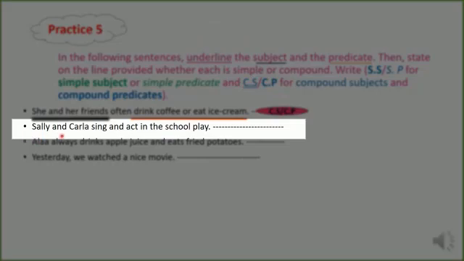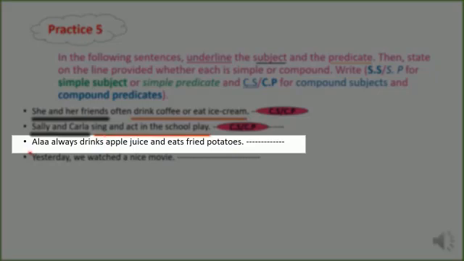Number 2, Sally and Carla sing and act in the school play. Sally and Carla here, this is the subject, okay, it's a compound subject. Sing and act, also we have 2 verbs. This is a compound predicate, so we have compound subject and compound predicate. Number 3, Hala usually or always drinks apple juice and eats fried potatoes.